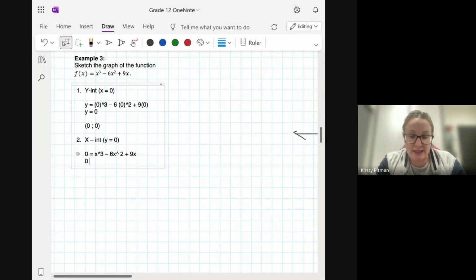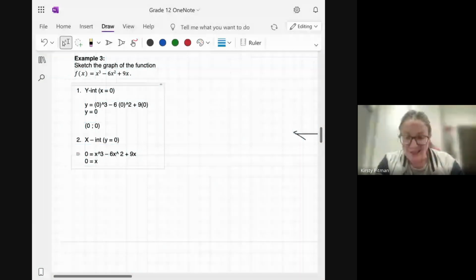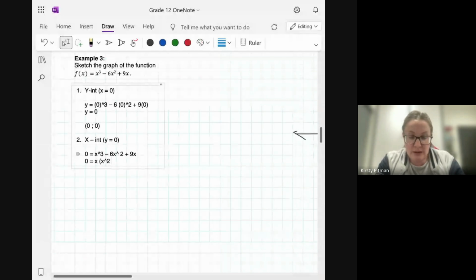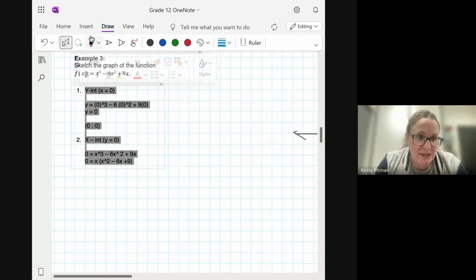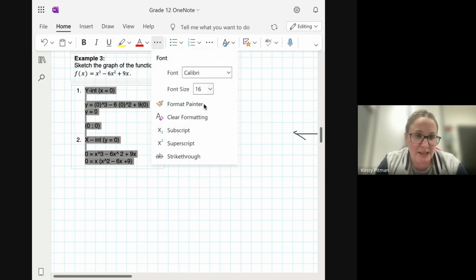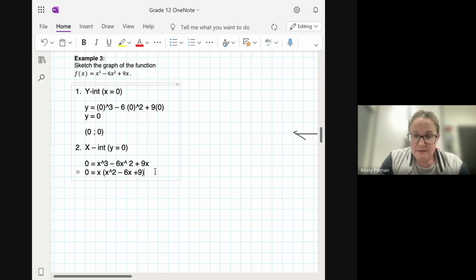Take out a common factor. What's your common factor? It's x. And I'm left with x to the power of 2 minus 6x plus 9. Go factorize that for me, please, while I make this a bit bigger. You got this.